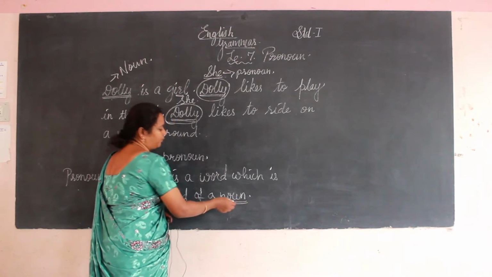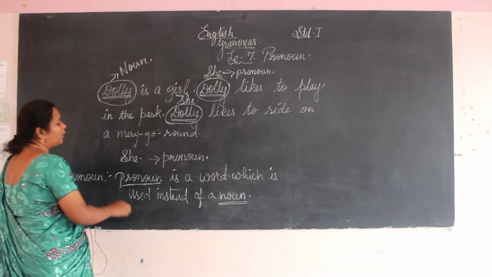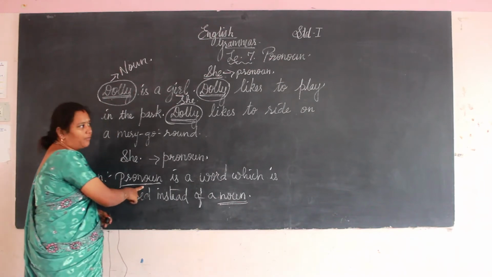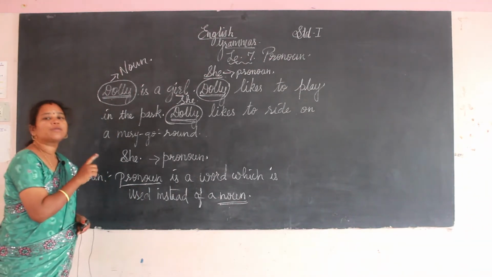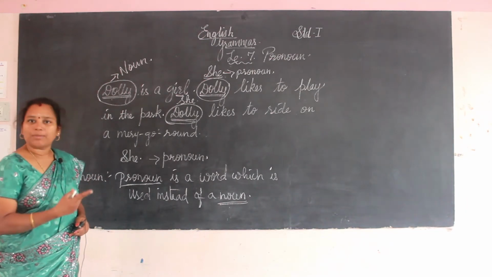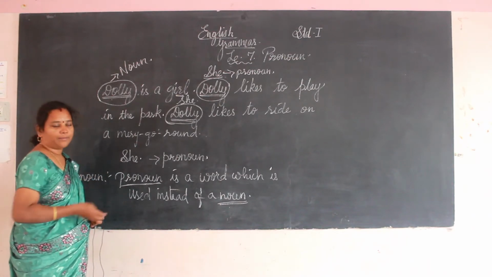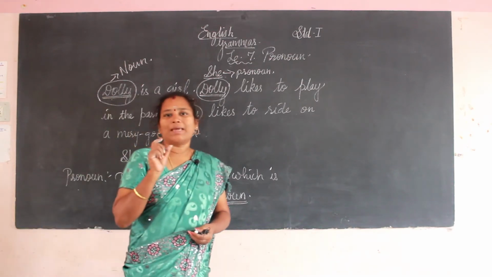Instead of noun. The noun is Dolly. Instead of the noun, we are using a pronoun. We will not use again and again the name of the girl or boy or things or animals. The word we use instead of that is a pronoun. Okay, now let us see some exercises.